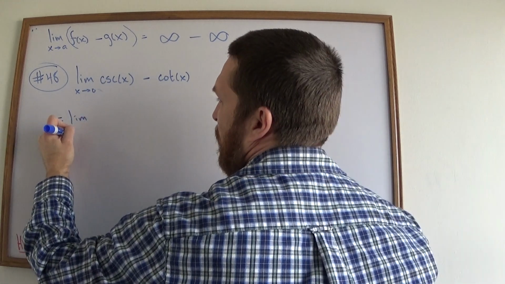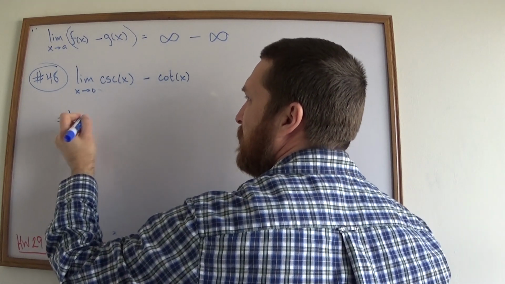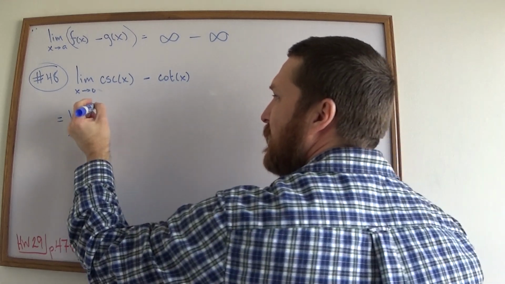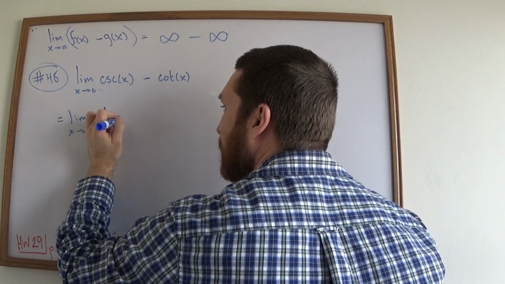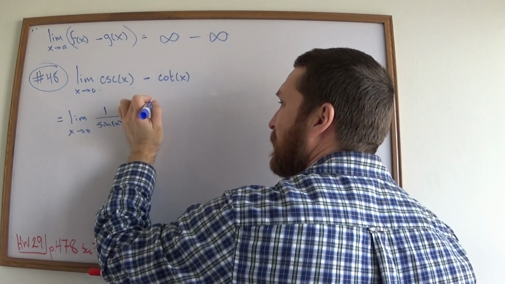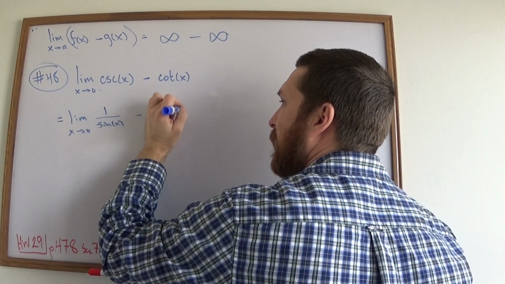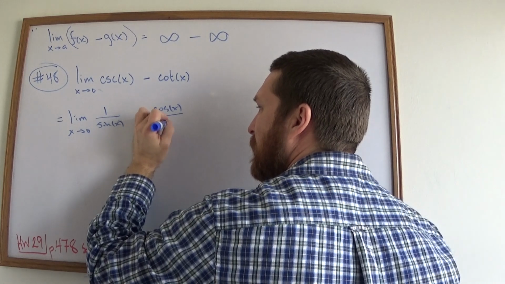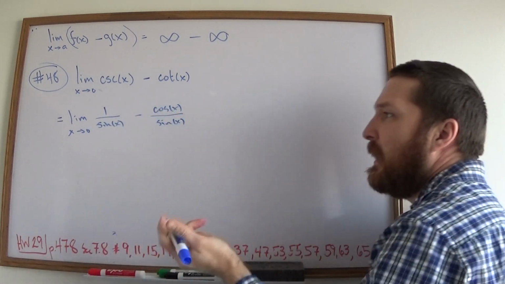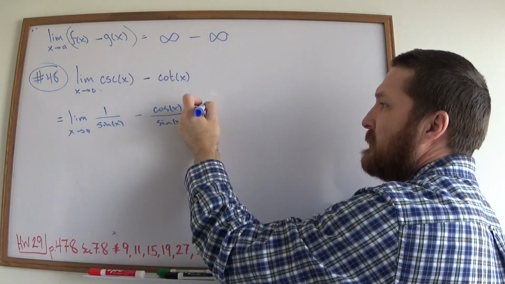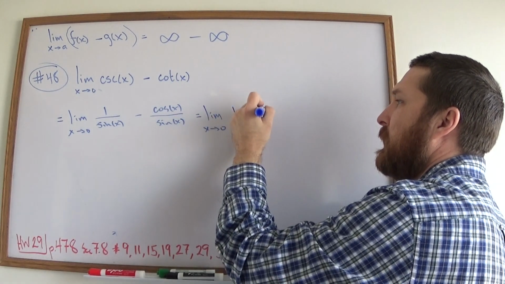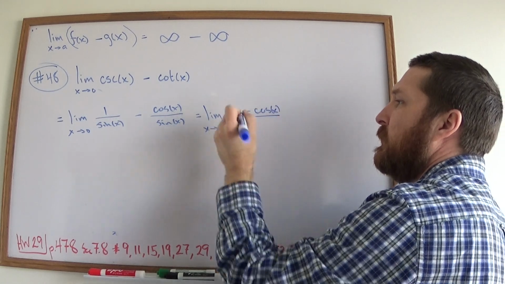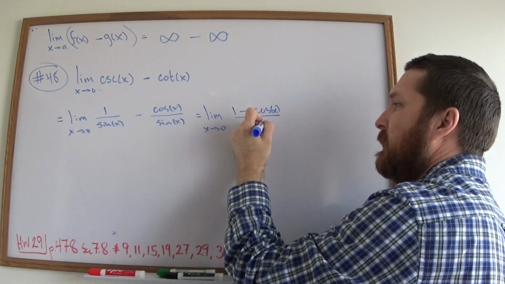They're both over sine. Okay, so let's just rewrite this. Anytime you have trig functions, it's probably a good idea to write them in terms of just sine and cosine, and then see what happens. In this case, we can rewrite this as the limit as x goes to 0 of 1 minus cosine x over sine x.